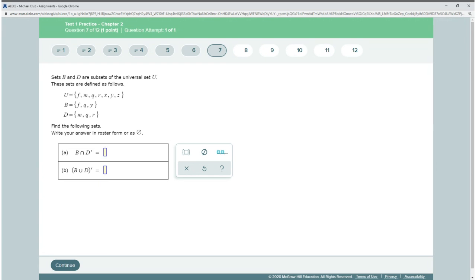Okay, so I'm gonna write them over there, or type them actually, and then find these two different things: B intersection D complement and B union D complement. All right.